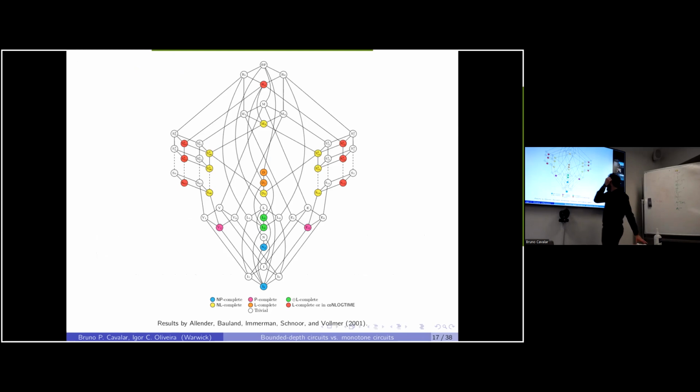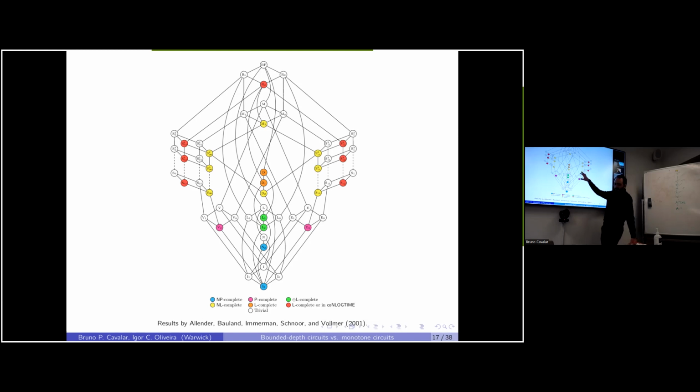So here's a picture by Allender, Bauland, Immerman, Schnoor, and Vollmer. Maybe in the second part of the talk, we'll be able to explore a little bit what's going on here. But this is a full classification of all types of CSP problems that exist, all types of constraint systems you can create. And you can classify exactly which are NP-complete, these ones here at the bottom, and the green ones parity-complete, and so on.